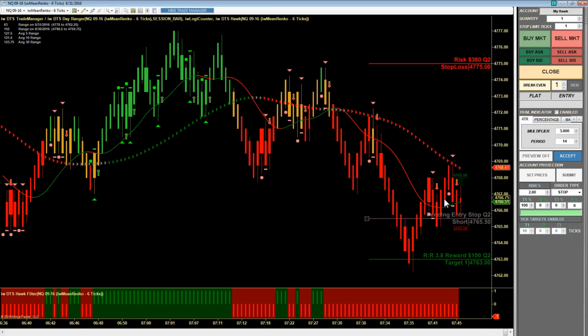So the macro pullback signal, easy to identify because everything stays in sync except the micro line. So we've got red bars, red macro line, red filter, red signal, but a green micro line.